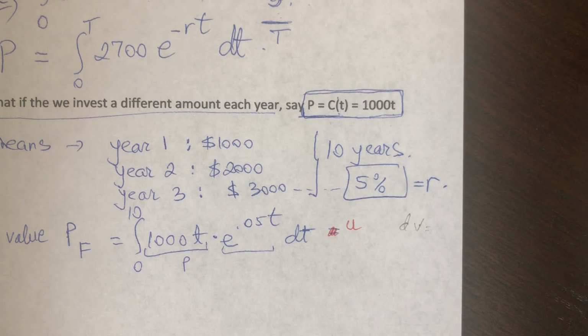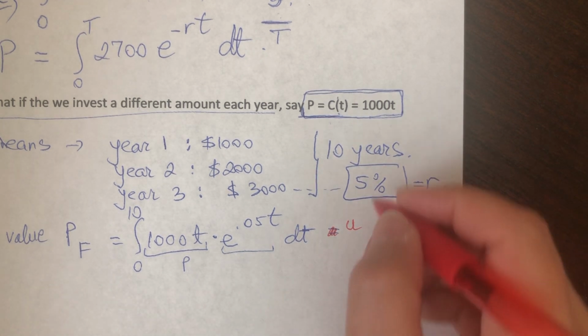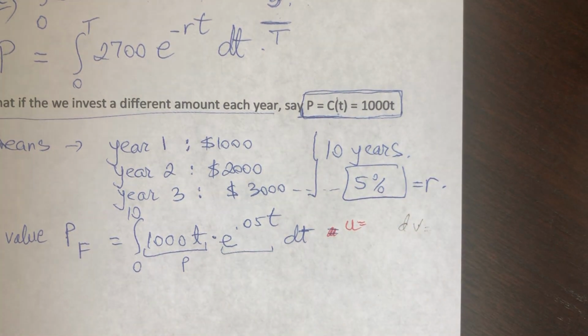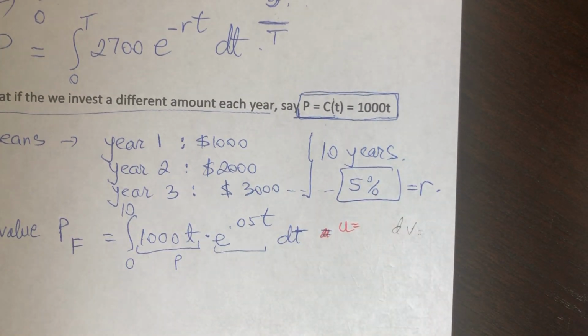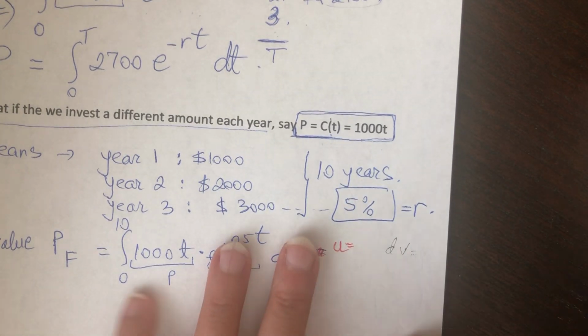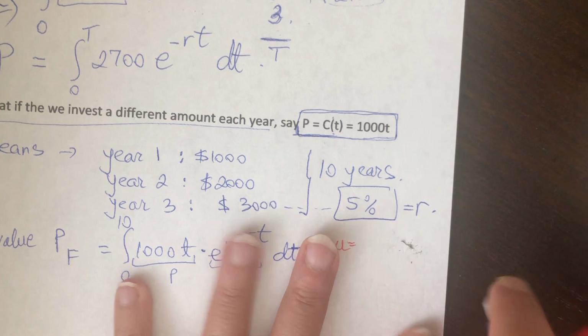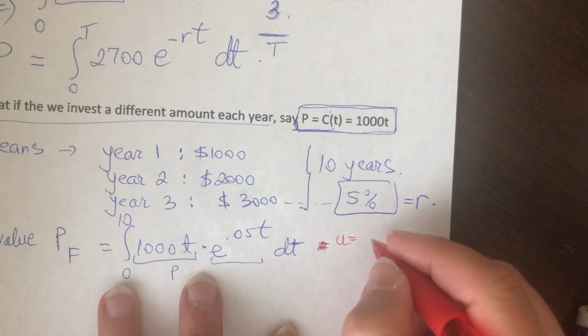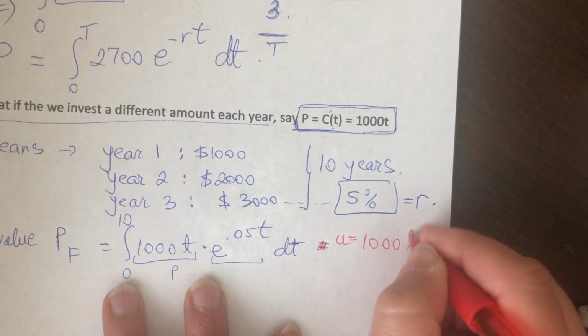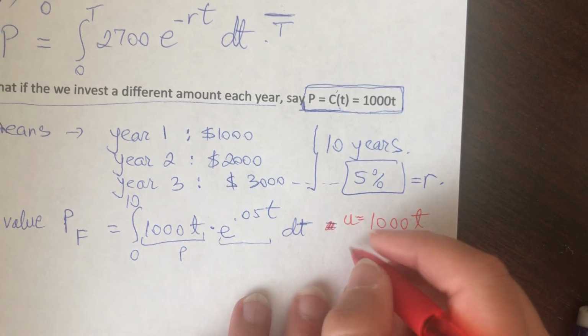Okay, I need a different pencil. Okay, so I need to play my u dv game. So who should be u? I'm sure you've guessed it already. The u should be this 1000 t, just like the 2x in the previous problem, by the way.